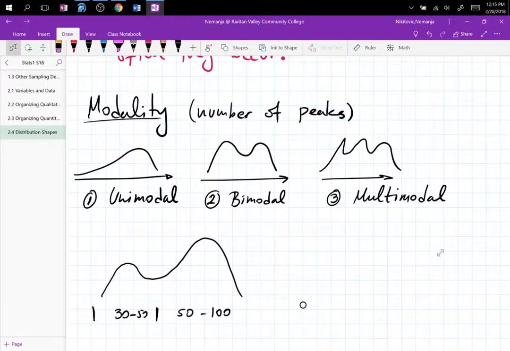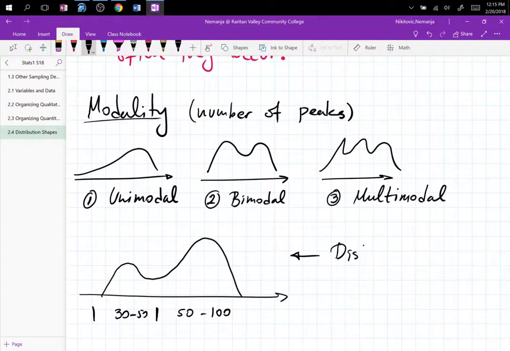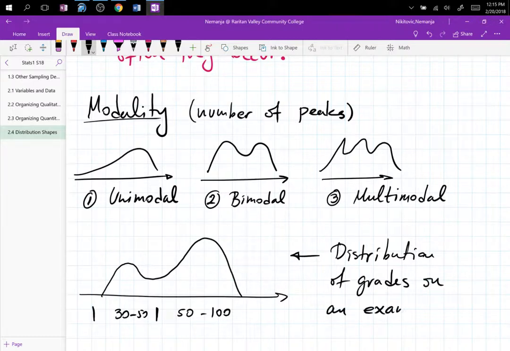Your notebook does the same thing, right? So I'll call this distribution of grades on an exam. So I'll give these ranges.